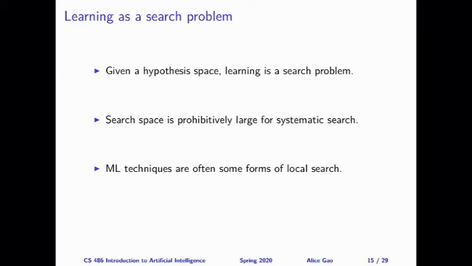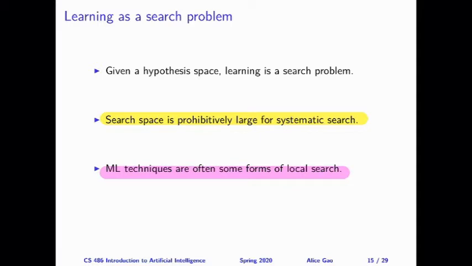Now, often the search space we are dealing with is very, very large. Because it's too large, it's often not practical to do systematic search. As a result, a lot of machine learning techniques are often some forms of local search.